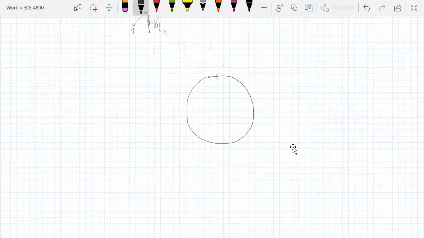And then on the inside, you're going to have all of these current vectors, and all of them are actually going into the page. Each one of these current vectors that I'm drawing here represents one loop.